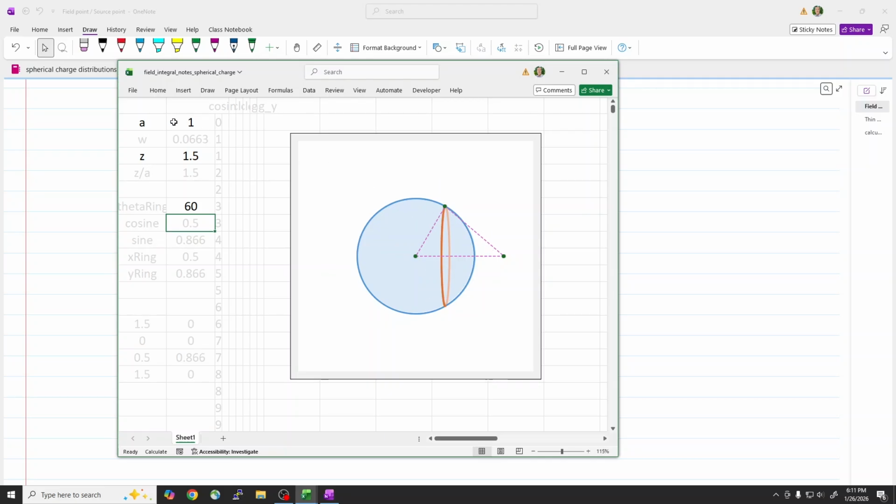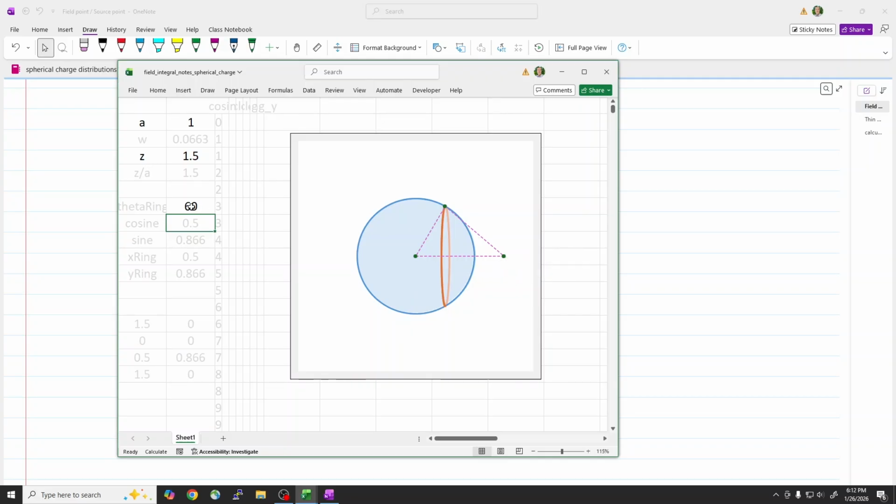So I have a sphere of radius a, and without loss of generality, if my observation point is along the z-axis, which I'll have horizontal going to the right, that puts the xy plane perpendicular to the screen and going through the center.